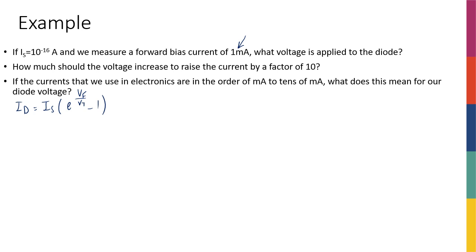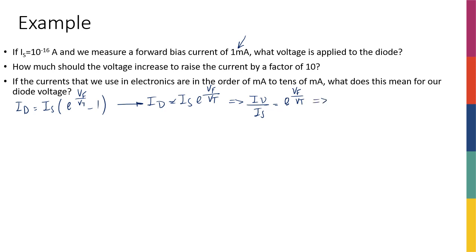So I'm going to assume that I can make the approximation, and in the end I'm going to check my answer to see if my assumption was correct. So I'm going to say that ID is approximately Is e to the power of Vf over Vt. I'm going to forget about the negative 1. From there I can say that ID over Is is equal to e to the power of Vf over Vt.